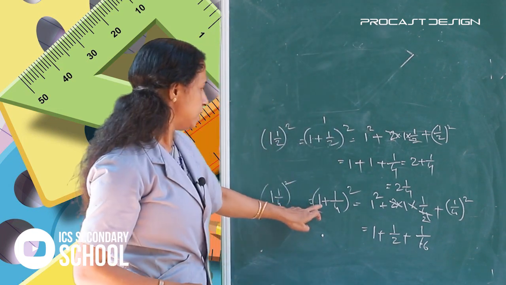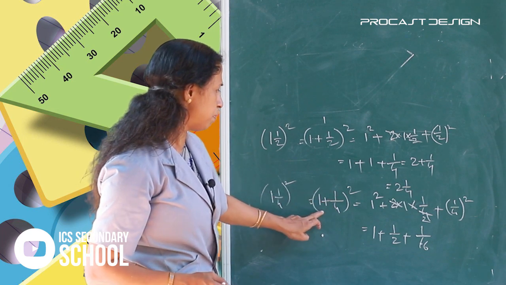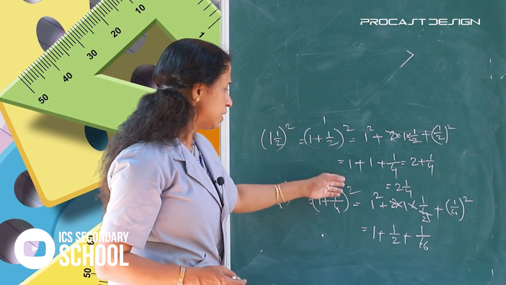Look here, this can be written as (1 + 1/4) squared. So, take the square of this.